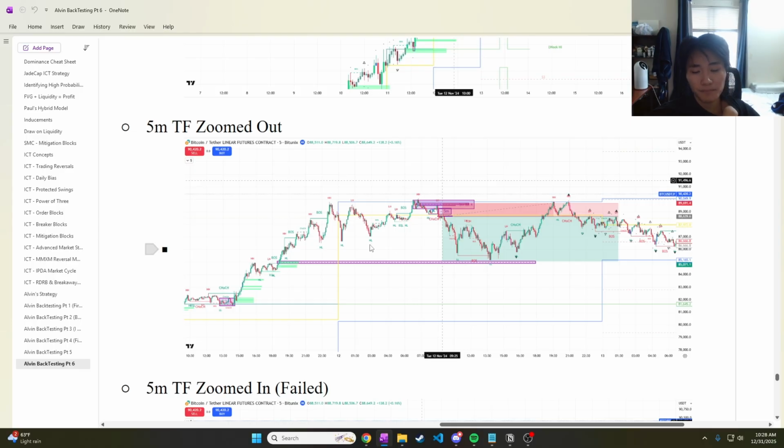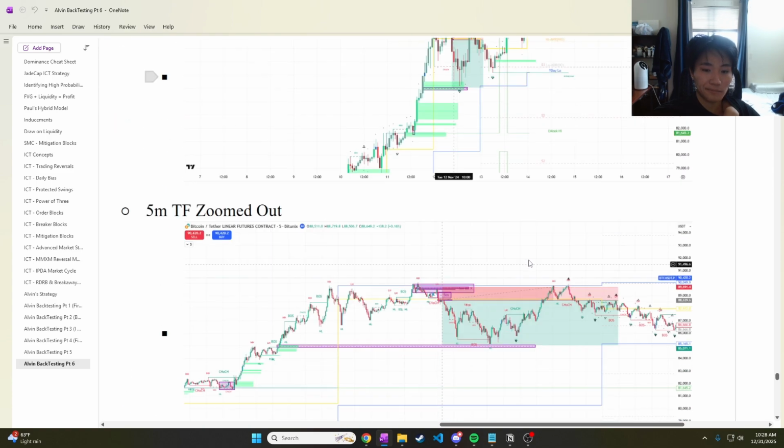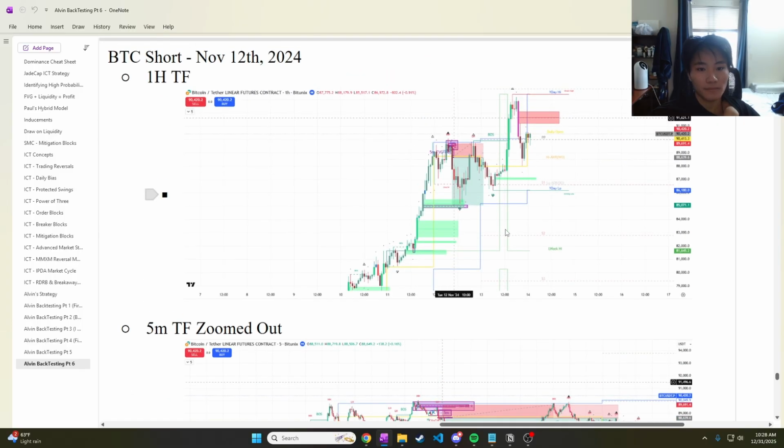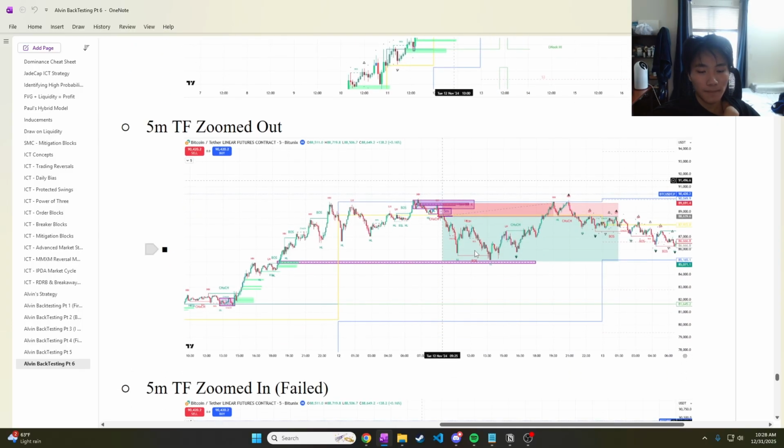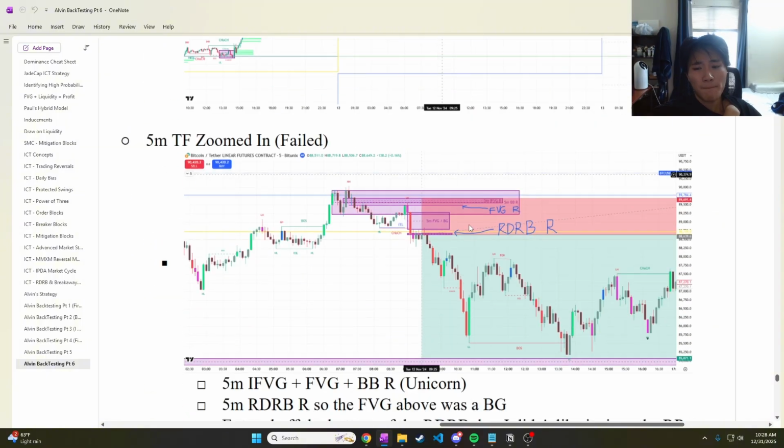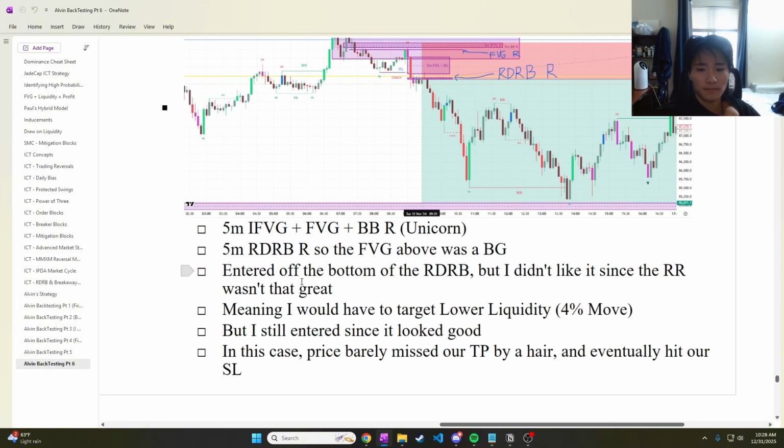Okay, it just didn't hit take profit. And I don't set my trades to break even, so we got swept out before going down. Okay, that's right. I remember the RR wasn't that great.